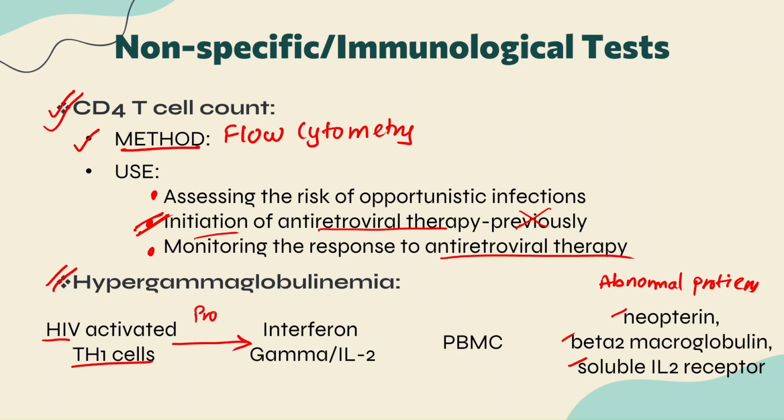So any HIV infected Th1 cells, okay, produces this interferon gamma and IL-2, which is going to stimulate the PBMC, that is, it is going to stimulate the peripheral blood mononuclear cells, and which in turn is going to produce these abnormal proteins, neopterin, beta 2 microglobulin and the soluble IL-2 receptor, guys.